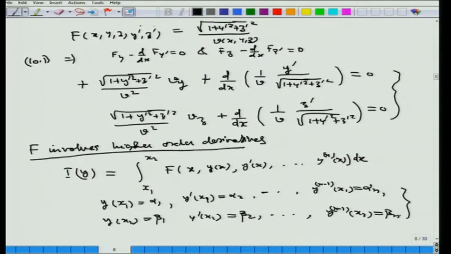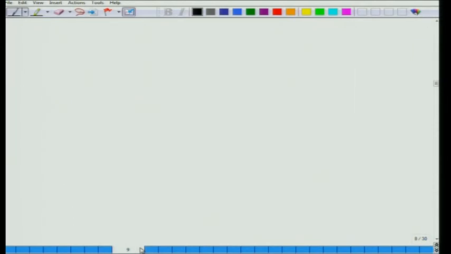in order for this I to have optimal value. Here we proceed in the same manner.